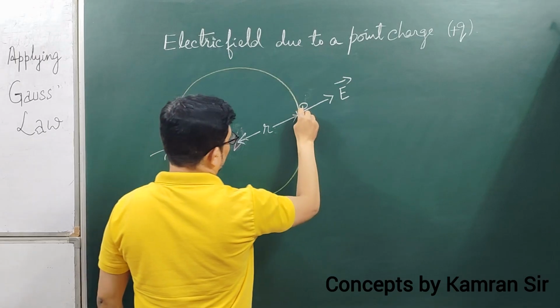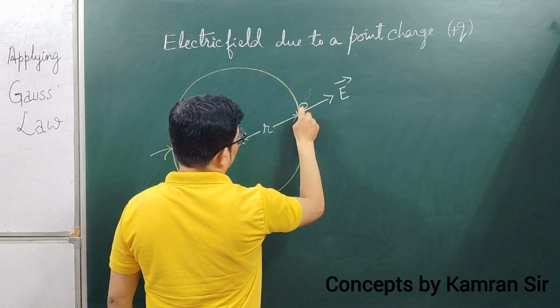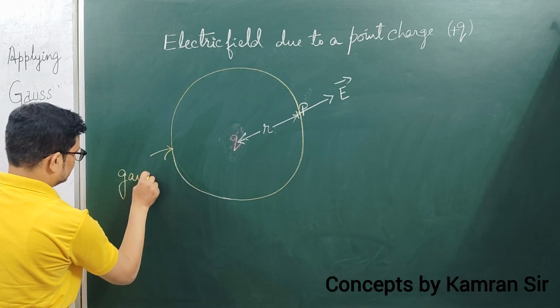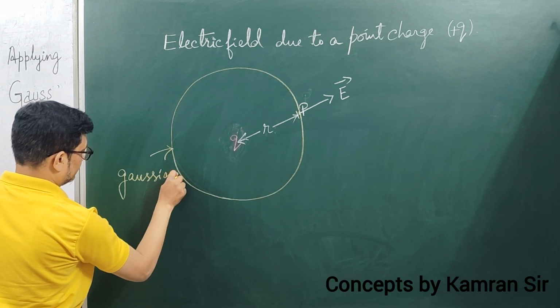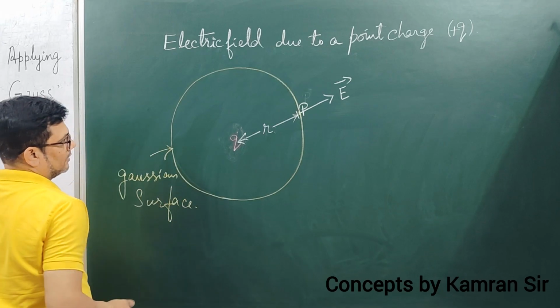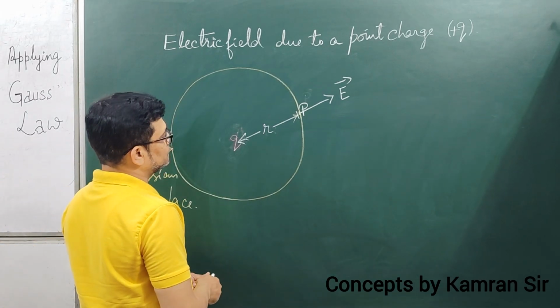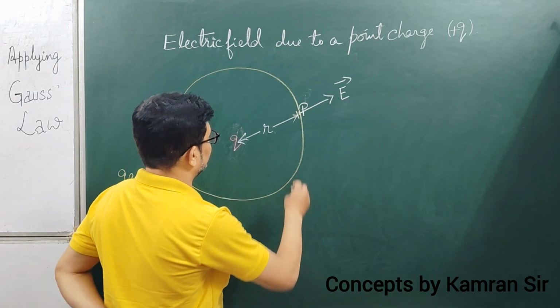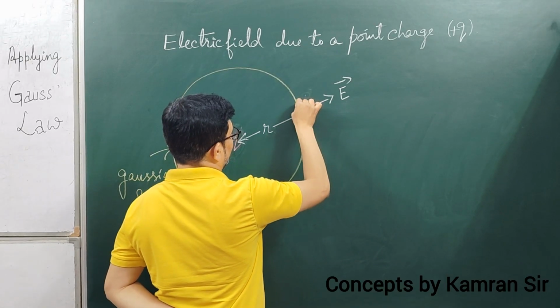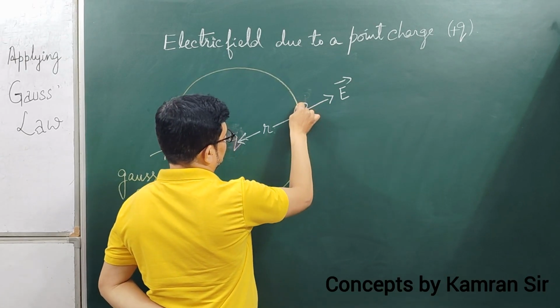And we are interested to find the electric field at this point. So we'll write here Gaussian surface. At this point, we'll also indicate the area vector, because in the electric flux equation we'll have the area.